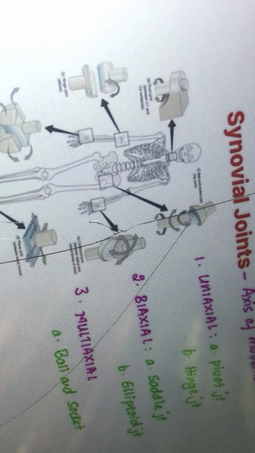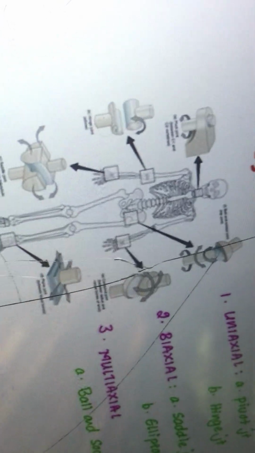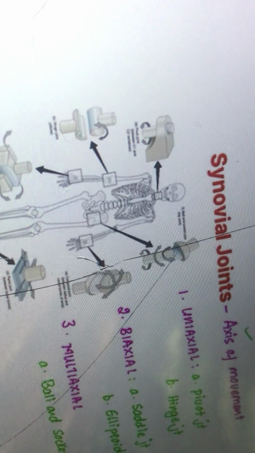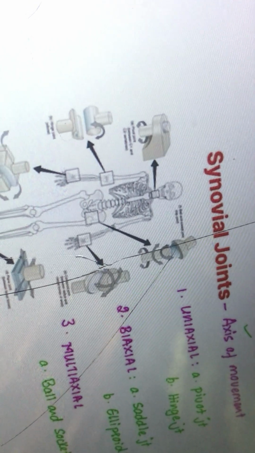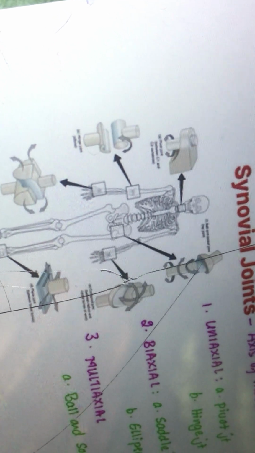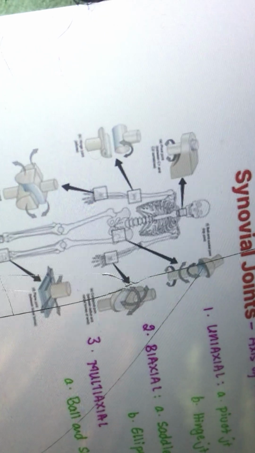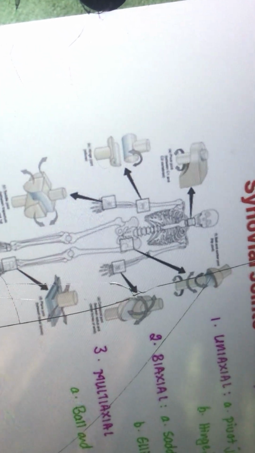The examples will remain the same for pivot joint, hinge joint, saddle joint or ball and socket. Right? So what you need to know in detail, know the classification of synovial joints according to shape and know examples for each type. And then know which type of synovial joints are uniaxial, biaxial and multiaxial. This is regarding classification of synovial joints based on the axis of movement.